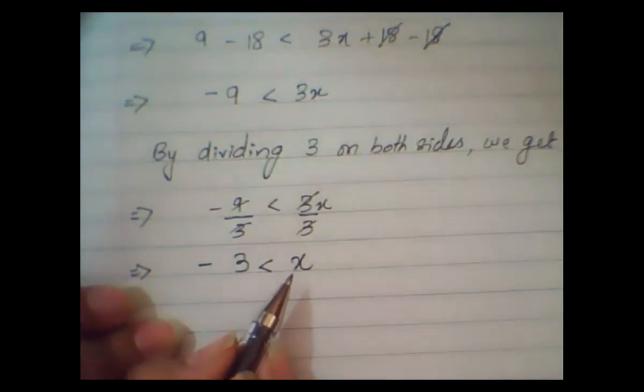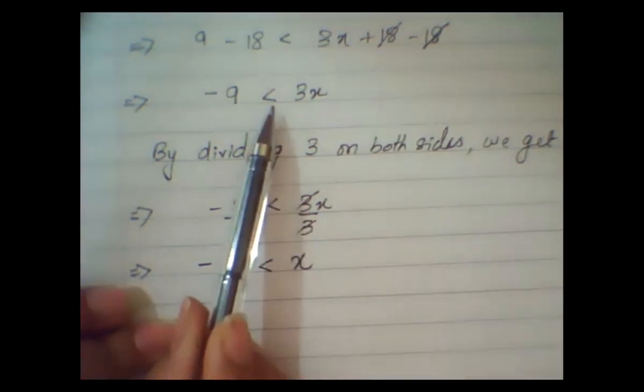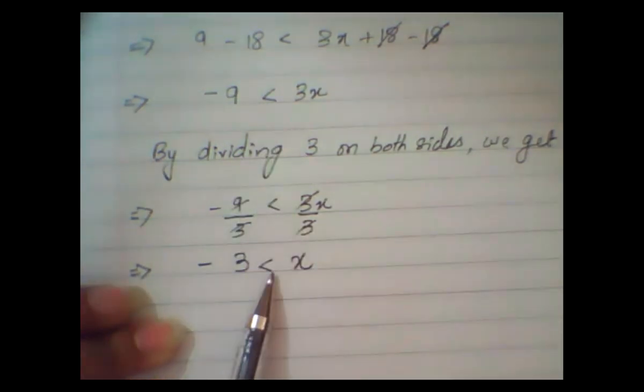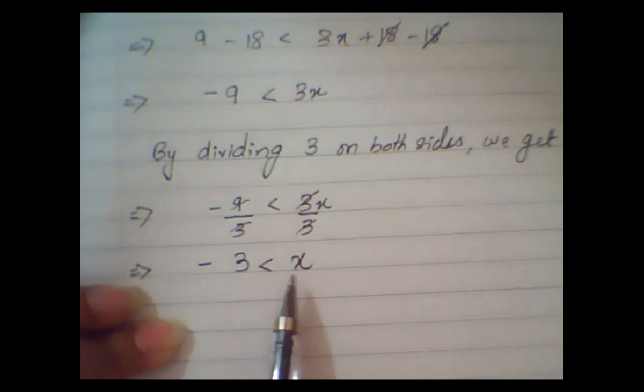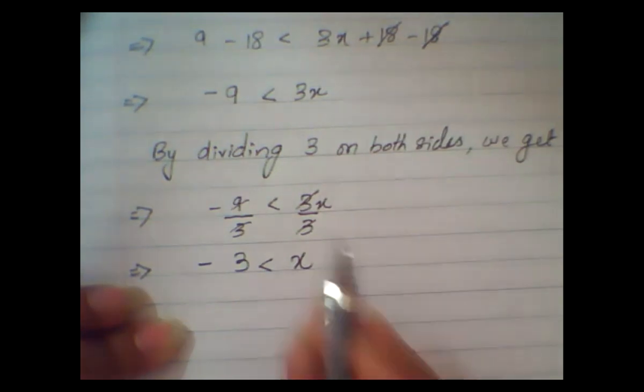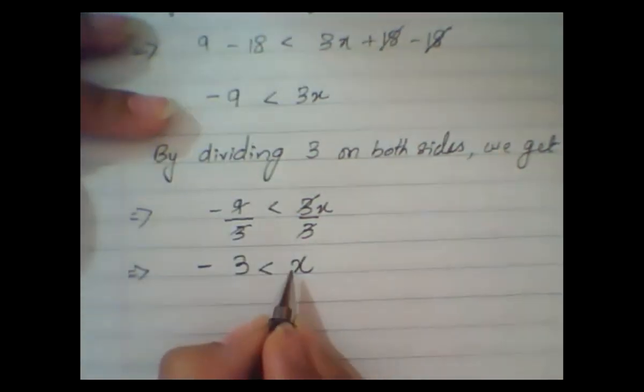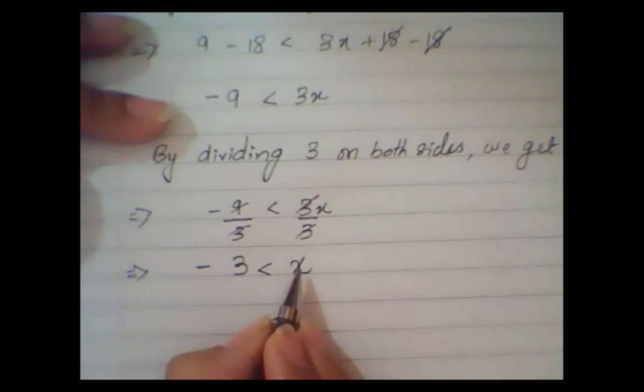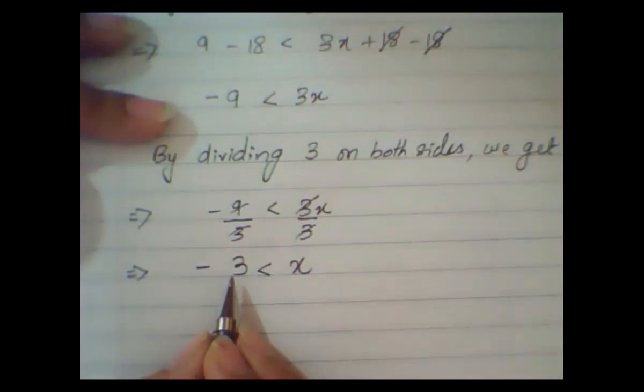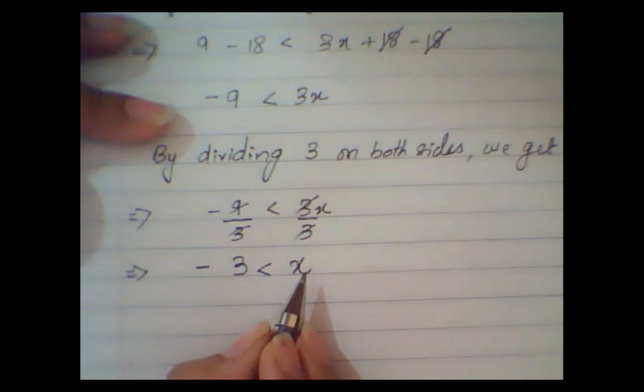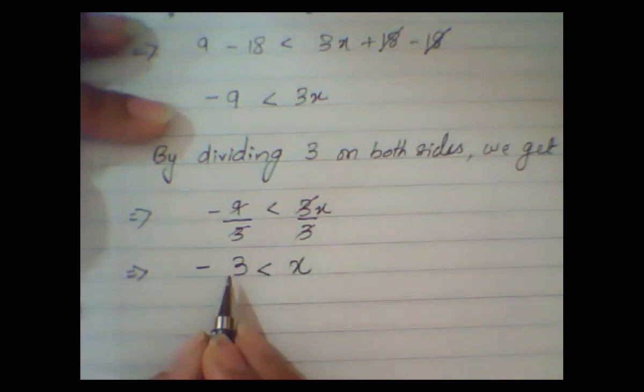Okay. Now, how can we read this? Beta, we have to read it from here. Look at it in the question. Here we have not changed the sign of inequality because there is no negative sign with the variable. So here x is greater than minus 3. X is greater than minus 3.